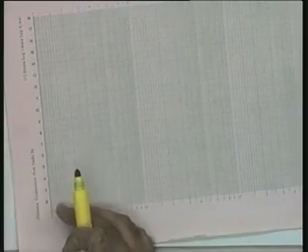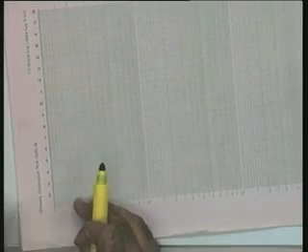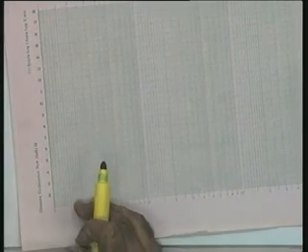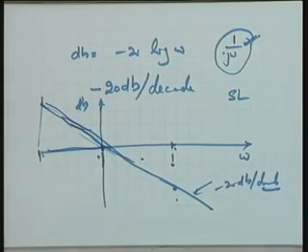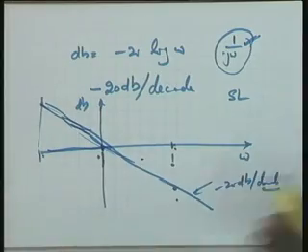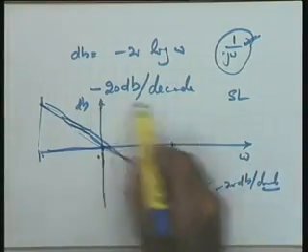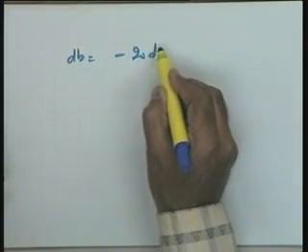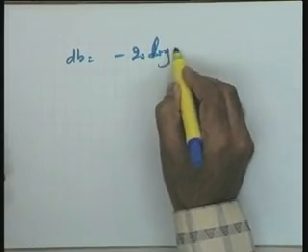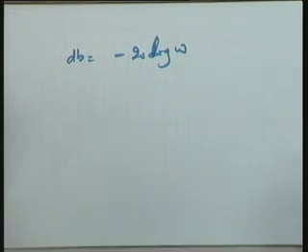To take 20 you need a decade of frequencies. After a decade you take 20 this way or minus 20 this way; it is the same line, a line of minus 20 dBs per decade. Equivalently, you can take this particular line this way: dB equal to minus 20 dBs per decade, or minus 20 log omega. I want a starting point, please see.